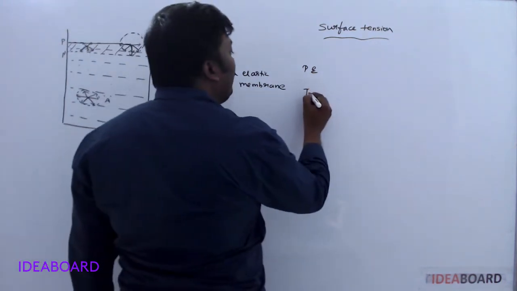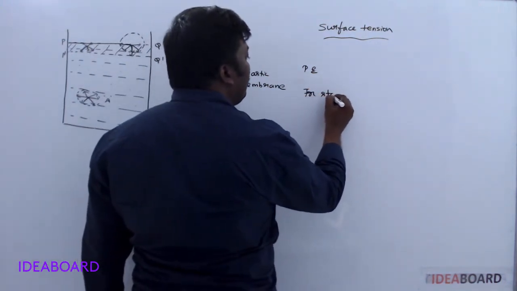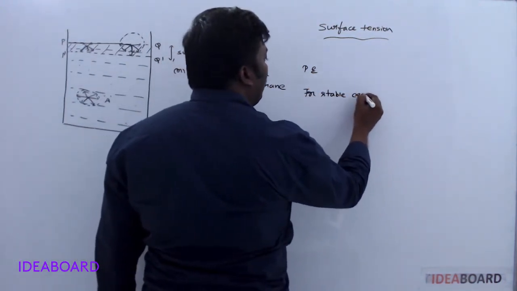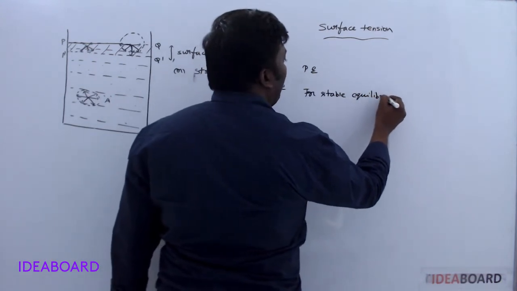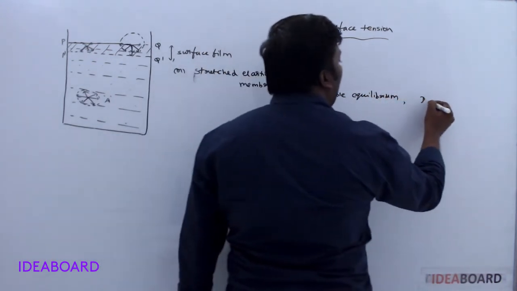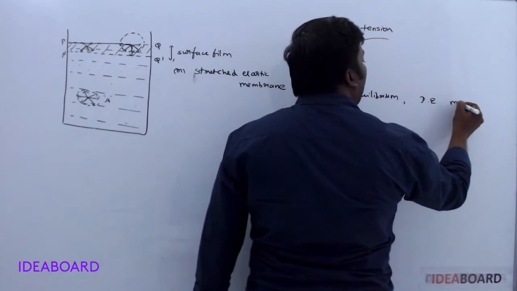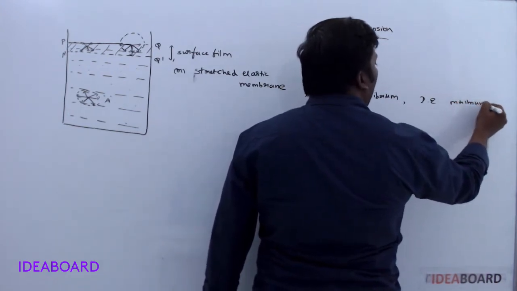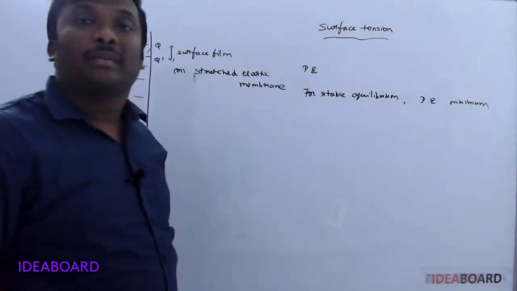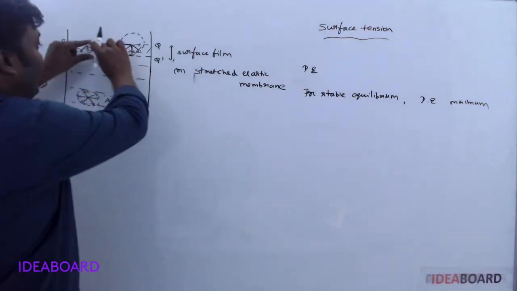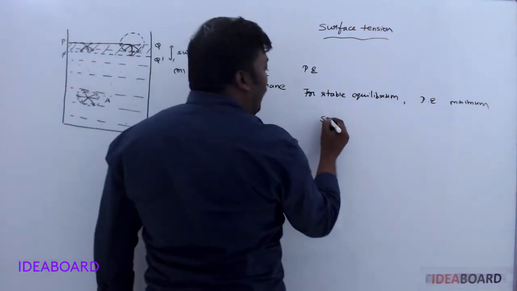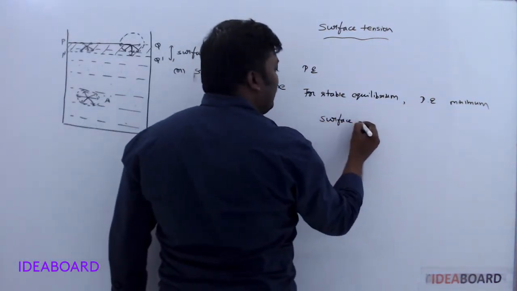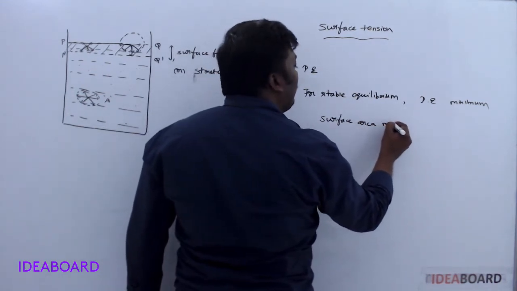For stable equilibrium, potential energy is always minimum. To get the potential energy minimum, the surface area is always minimum.